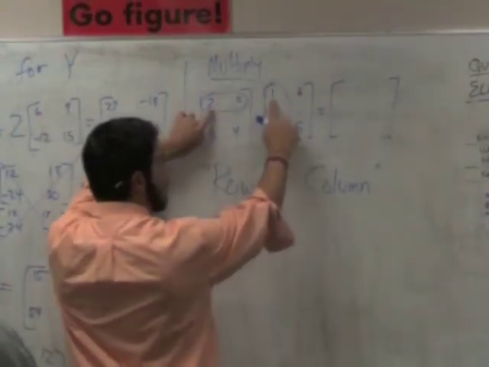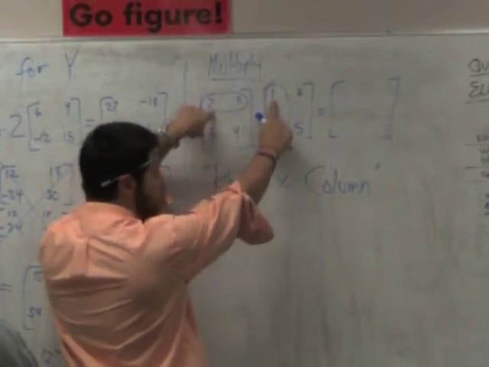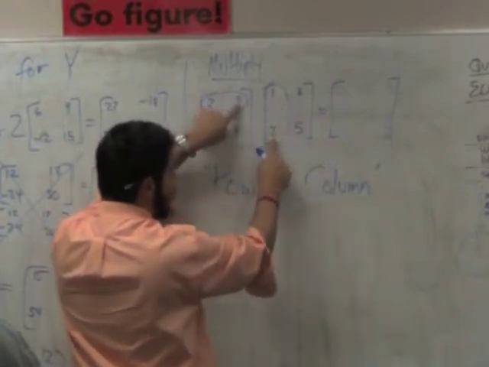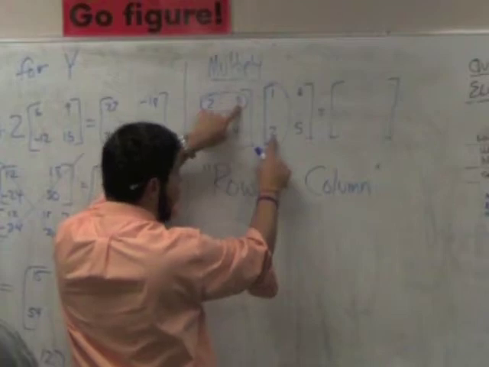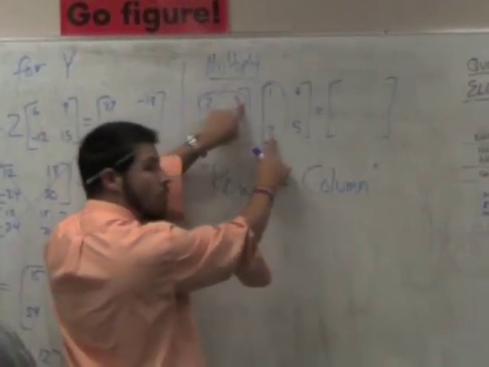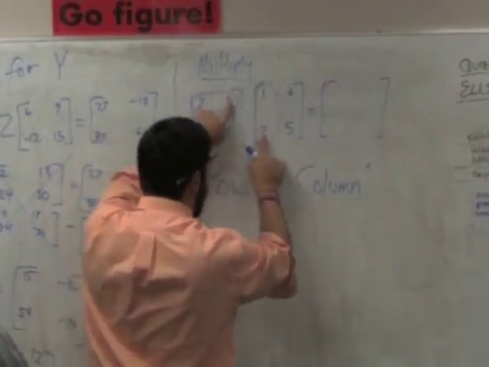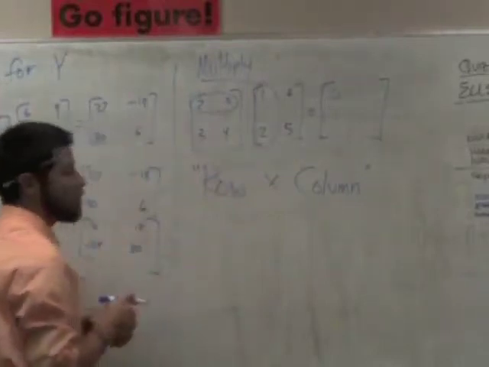The 2 goes on top of the 1, and you multiply those together to get 2. The 0 goes on top of the 2, and you multiply those to get 0. Then you add those numbers up: 2 plus 0 is 2 in my first spot.